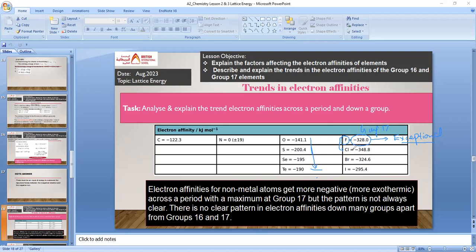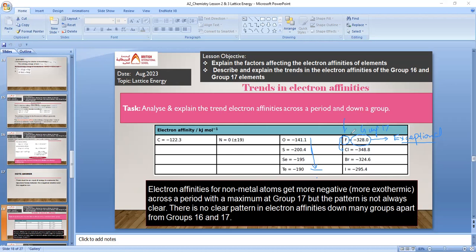The electron affinity for fluorine is higher than that of chlorine, because fluorine has only two shells, whereas chlorine has three. Very good. So the shells affect the atomic size as well.